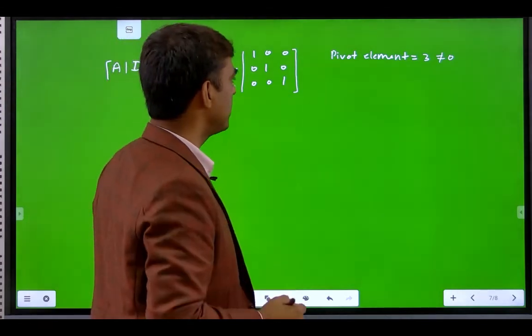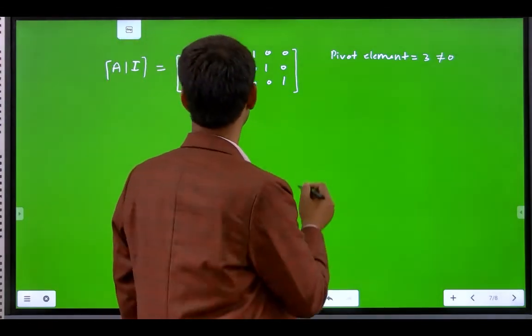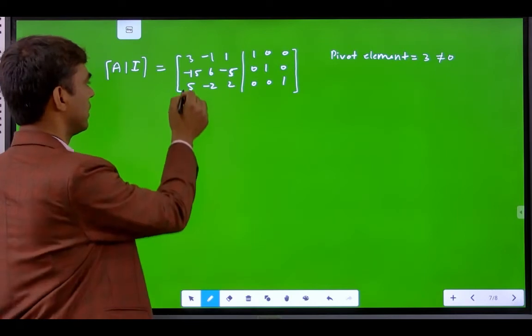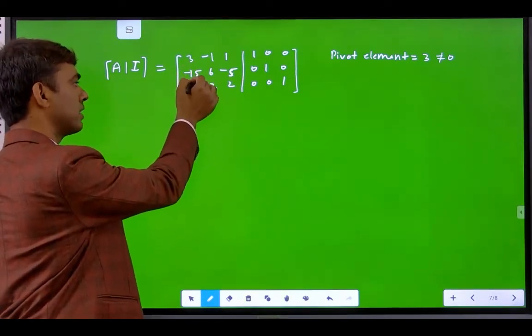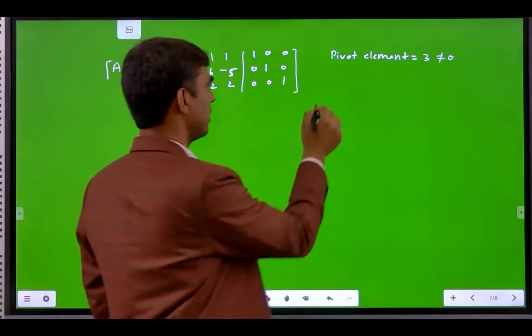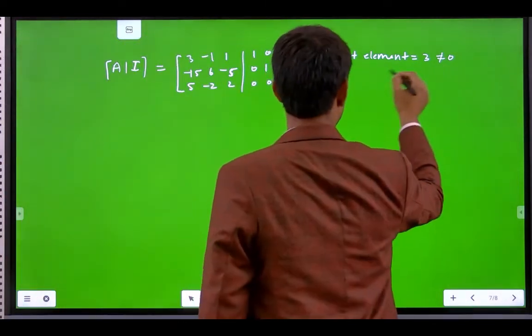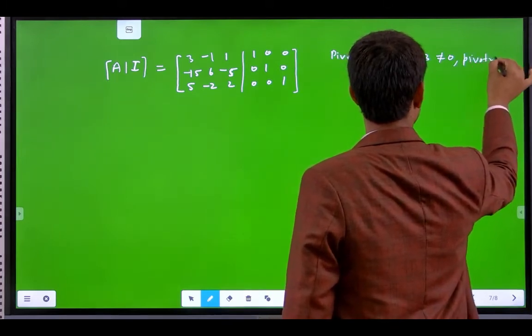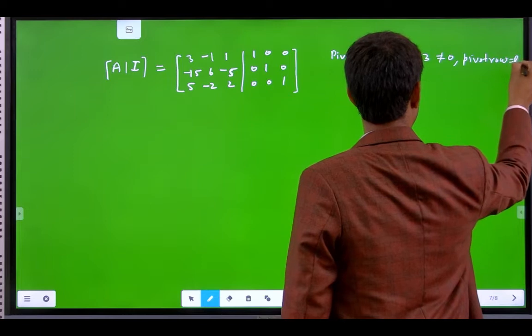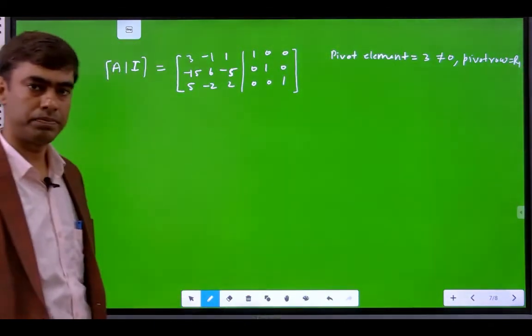So the pivot element equals 3, then we perform the elimination of the first variable from the second and third equation. For this, what is the pivot row? The pivot element is 3, so the pivot row is R1.